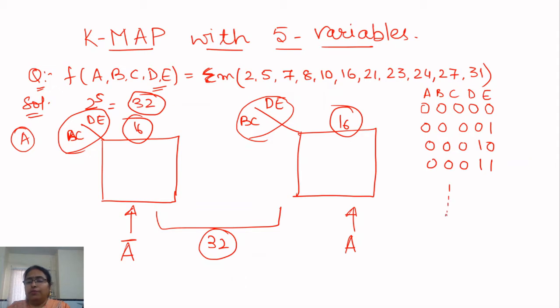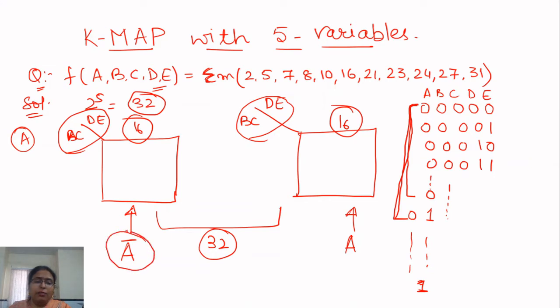If you know the fashion of this counting, you see that for the first 16 bits this A is 0, and from the 17th bit up to the 32nd bit this A is 1. So we are taking advantage of this: A is 0 for the first 16 bits, that's why we are taking A bar here.